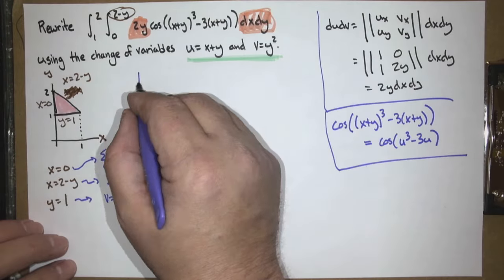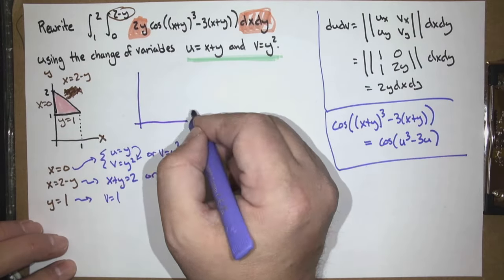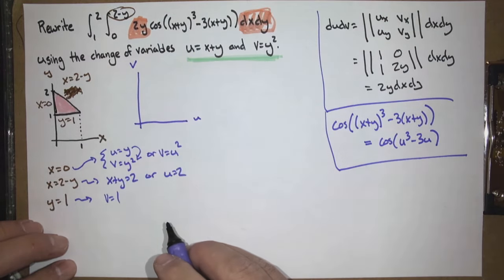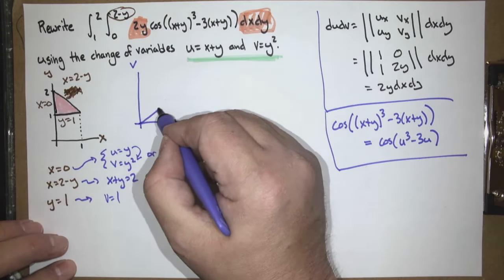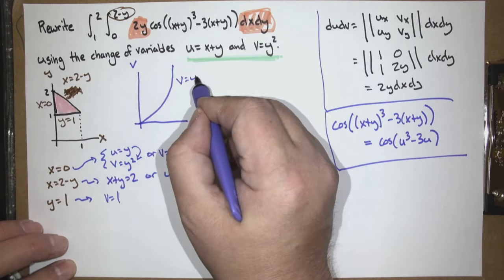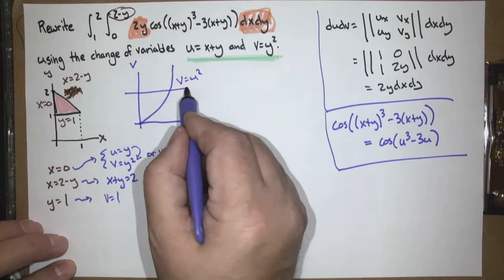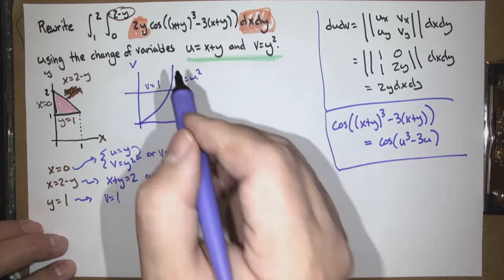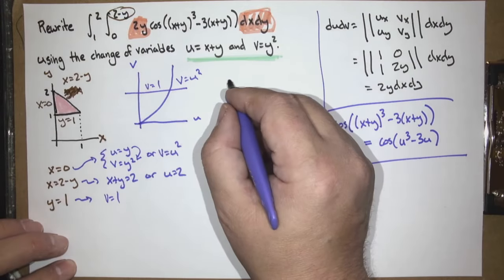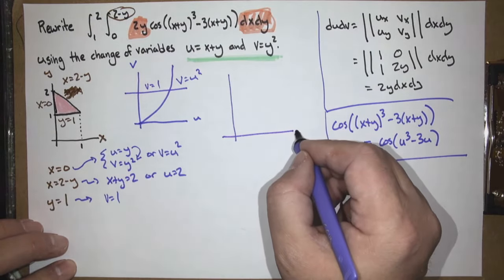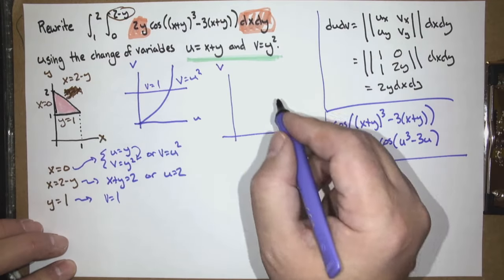Okay, so in terms of the UV plane, we have v equals u squared, that's the parabola. We have v equals 1. And we have u equals 2, which means I drew my picture not very conveniently. That's okay. You can always redraw.